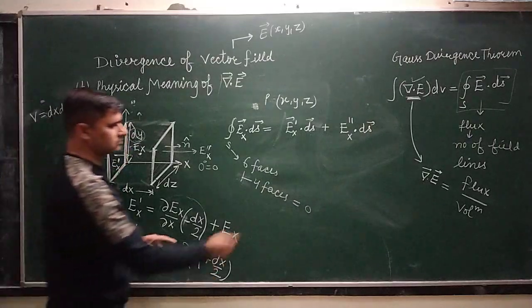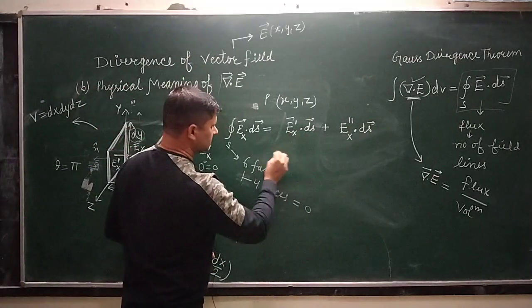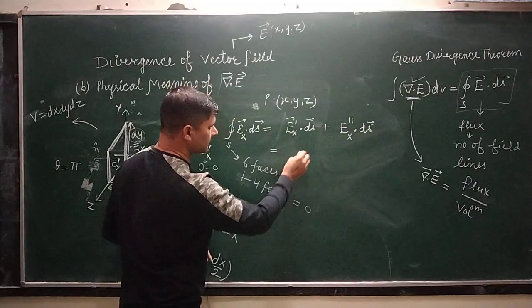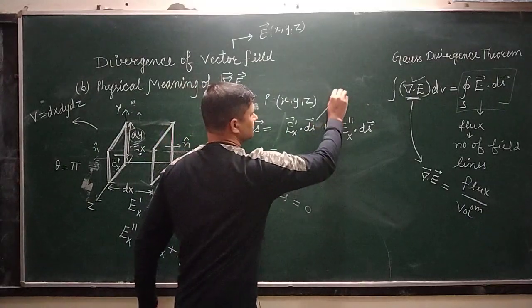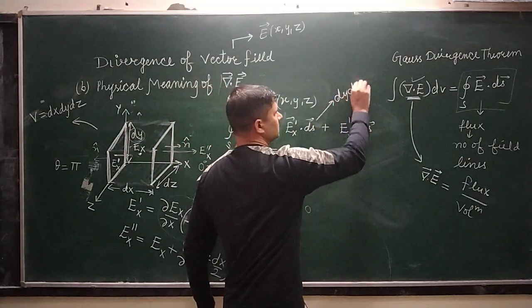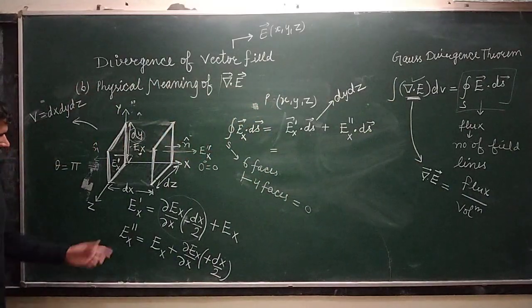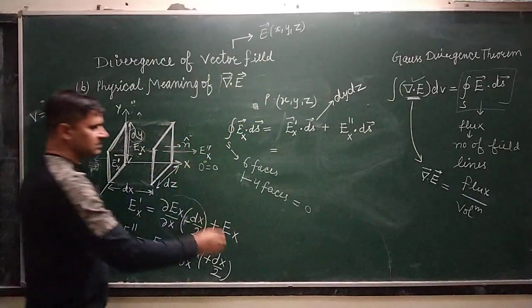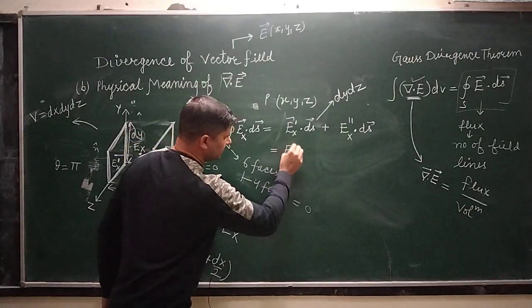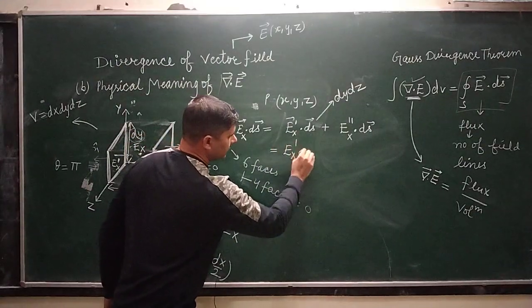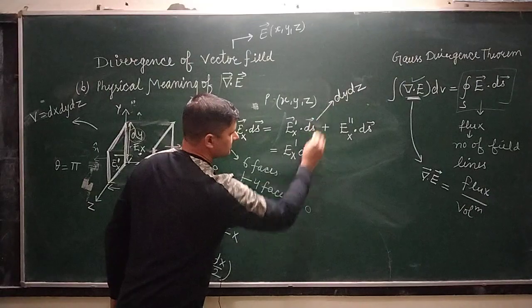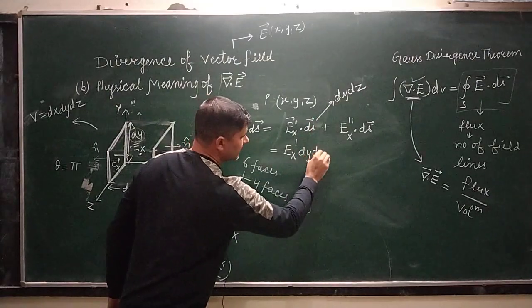Okay, so this area, I will write, this is dy into dz. Now if you open up this, then you will get Ex1 into ds, that is dy into dz.